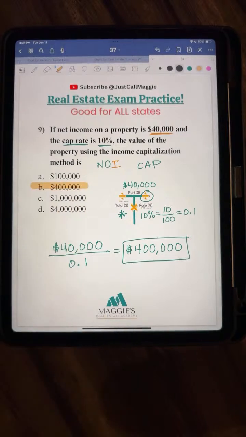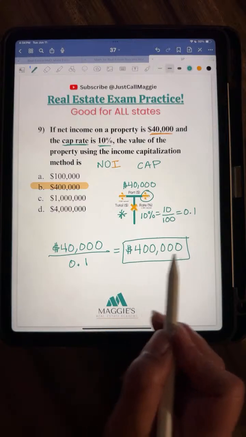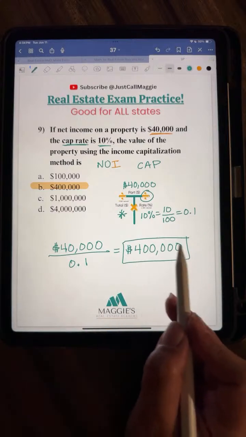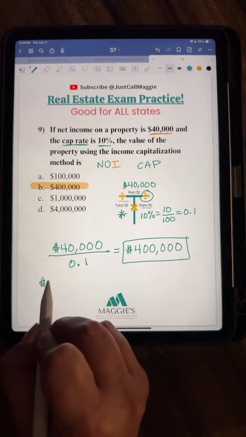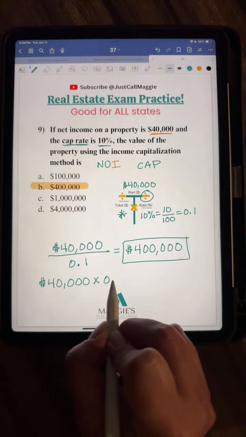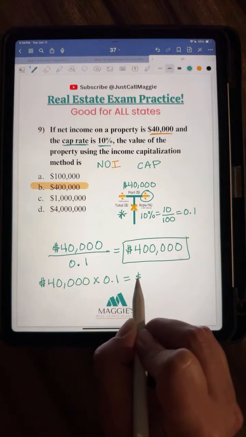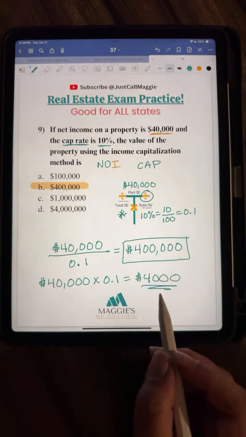Fantastic. Good job, you guys. Very, very good. All right, do you guys have any questions? Now, I want you guys to see something. Did you see here how we divided by 10% and we got a bigger number? It just added an extra 0, right? So if I had multiplied $40,000 times the 10%, that would have given me just $4,000. You see the difference?